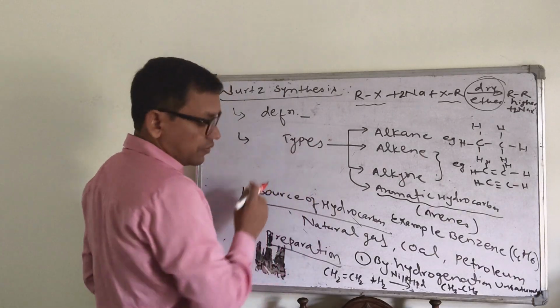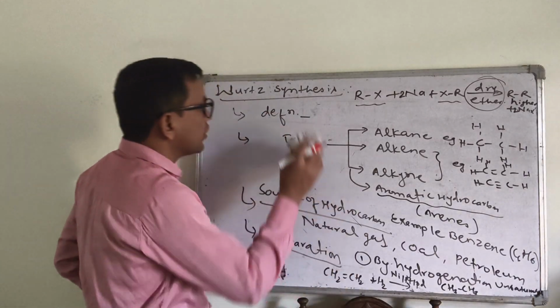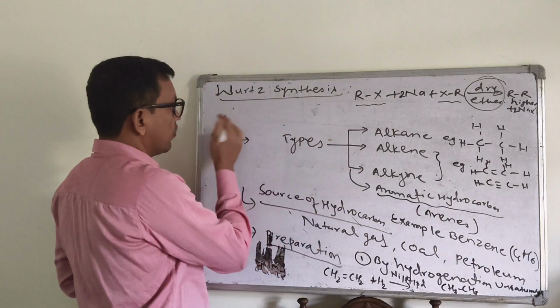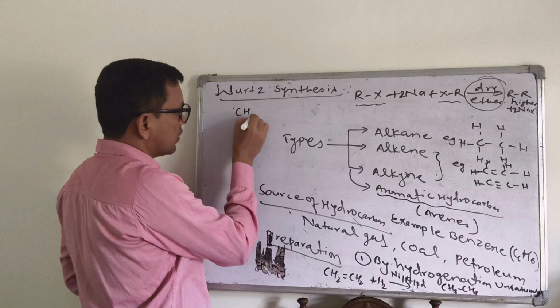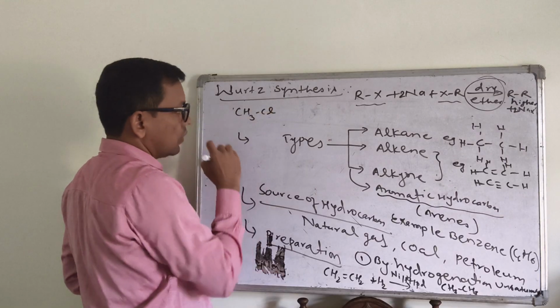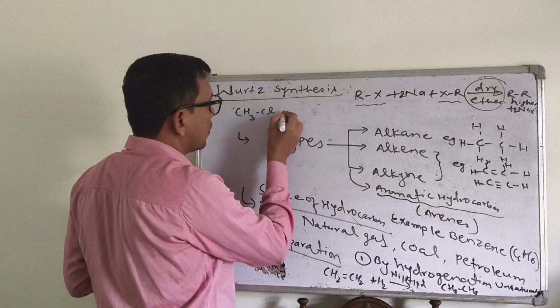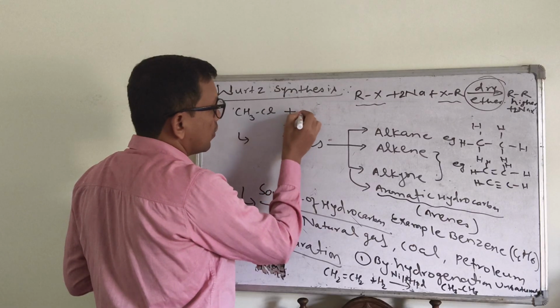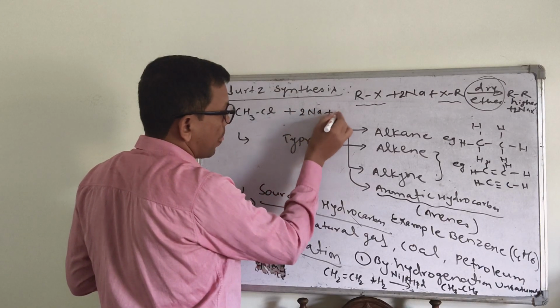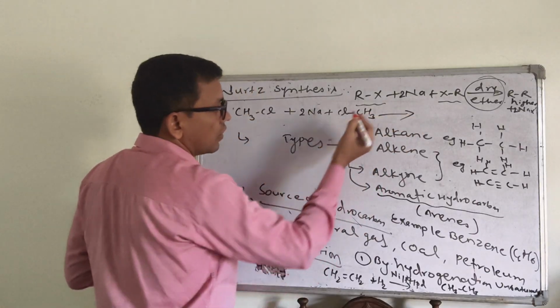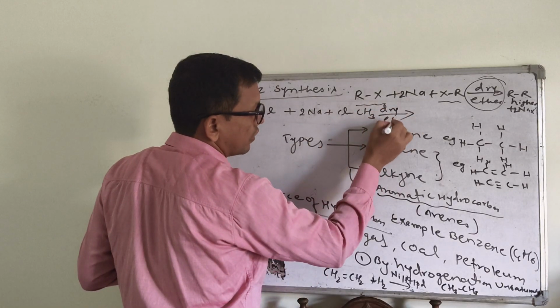If we write a specific reaction, we take chloromethane or methyl chloride, CH3Cl, in the presence of sodium, with ClCH3, in the presence of dry ether.